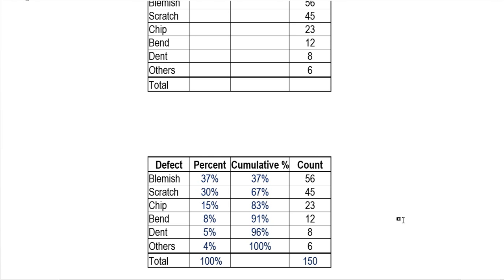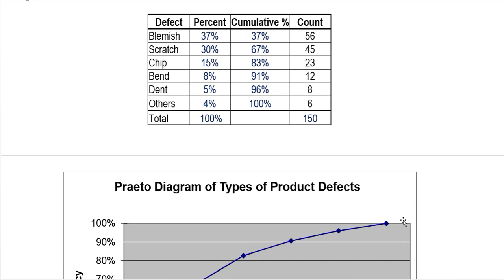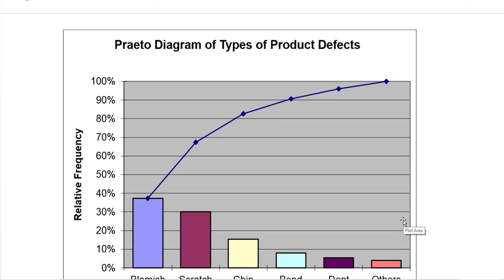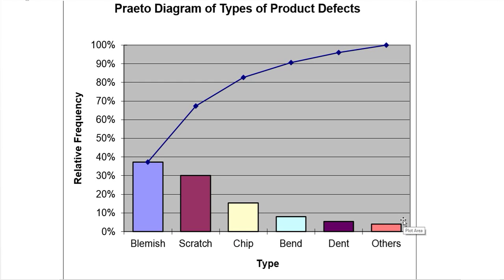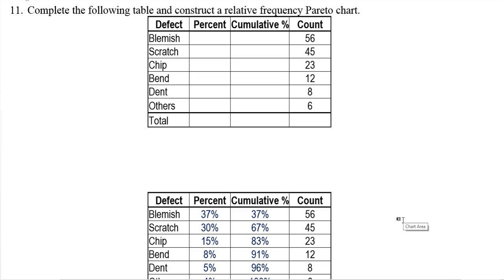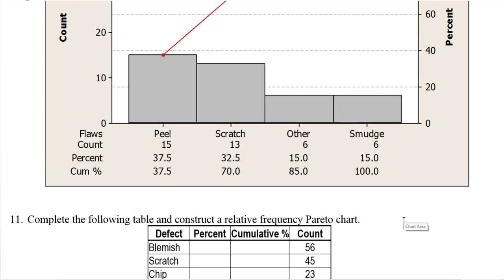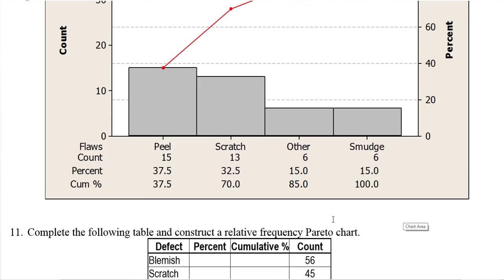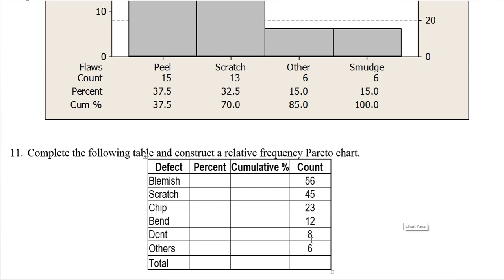You check your work. Okay, new problem. I'm sorry, this is new data. These are the counts. Fill out the rest. It's not the same problem. Same kind of problem, but a different one.